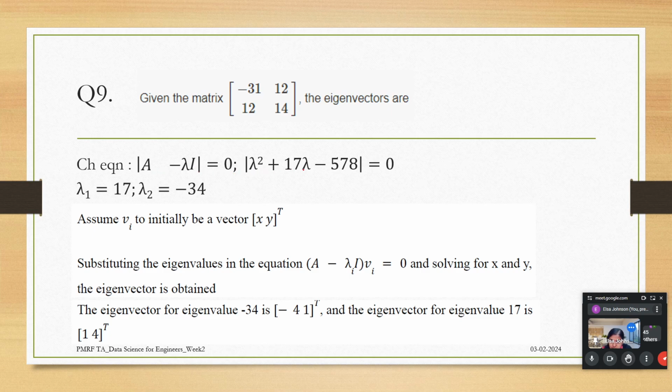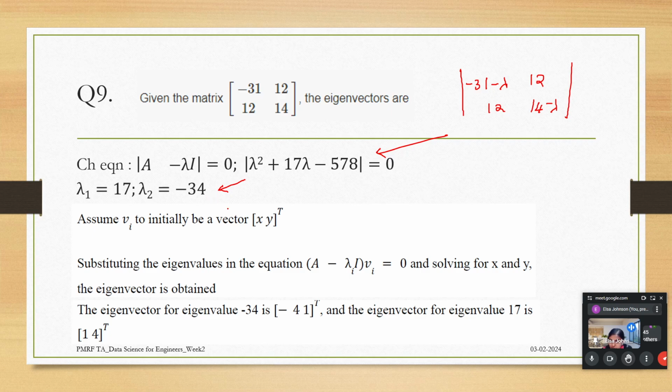So if I solve for that, it will be minus 31 minus lambda, 12, 12 and 14 minus lambda. The determinant of this will be lambda square plus 17 lambda minus 578 equal to 0. When you solve, you will get lambda 1 equal to 17 and lambda 2 equal to minus 34.